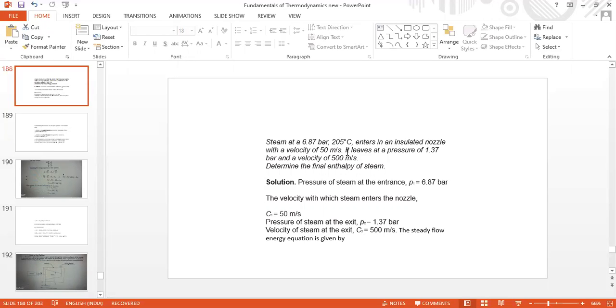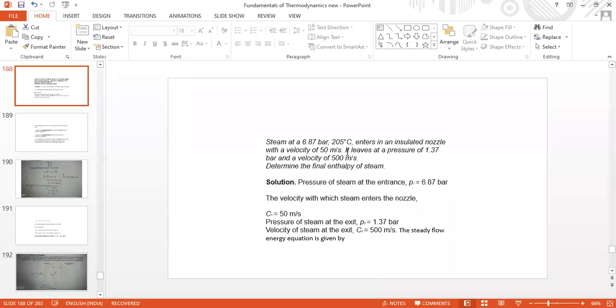So there is a transformation of energy. Here in this nozzle case, a drop in enthalpy results in an increase in kinetic energy, or a drop in pressure energy results in an increase in kinetic energy.